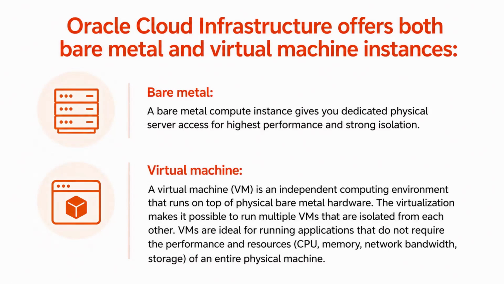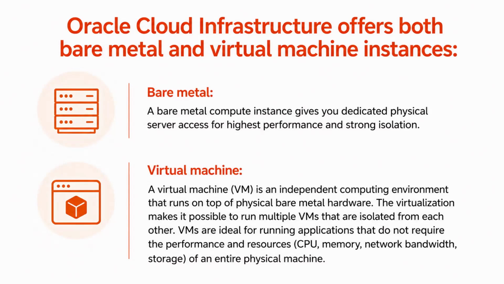and that is known as bare metal. Another thing we have is the virtual machine, which again runs on top of physical bare metal hardware. So you get a share of that physical server. It is possible that the virtual machine you have comes from some bare metal device, and on that same device there is some other customer using a share of that hardware.